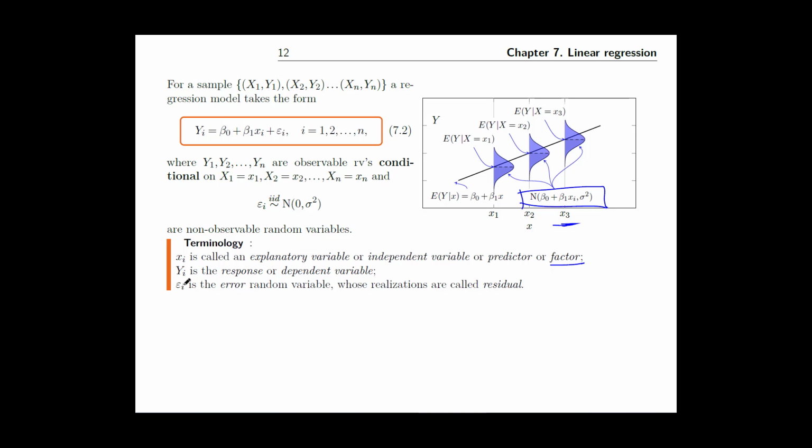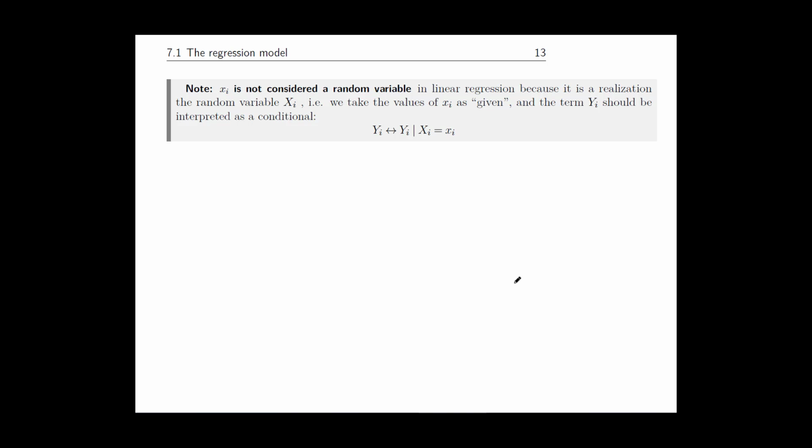Okay, and ei is the error, a random variable, and when it's realized, so when you actually collect the sample, estimate the model, and see what the errors are, we call them residuals. Okay, and this is what I was saying, that the x's are not random variables anymore.